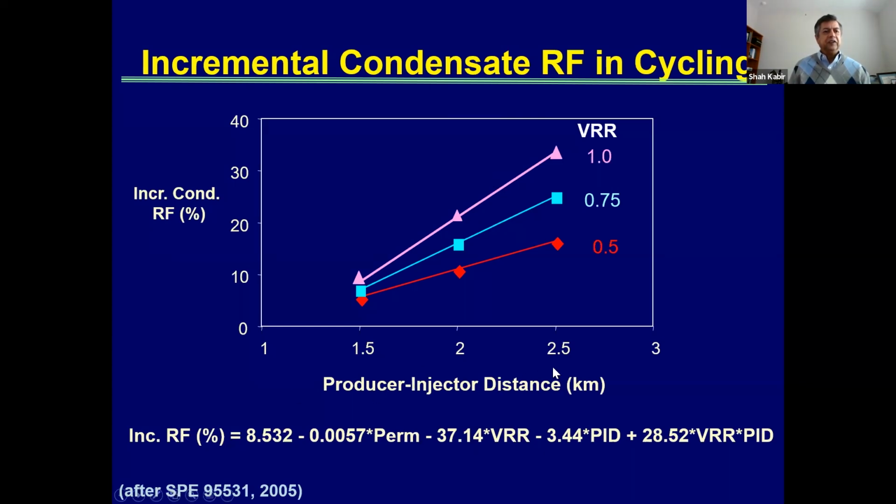Okay, so how the projected producer to injector distance, or PID, matters. So it's 2.5 kilometers. Okay, that's good. It shouldn't be too close, and we stopped here, given the size of the system and all that logistics.